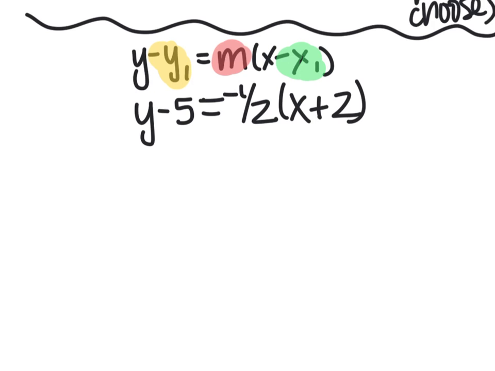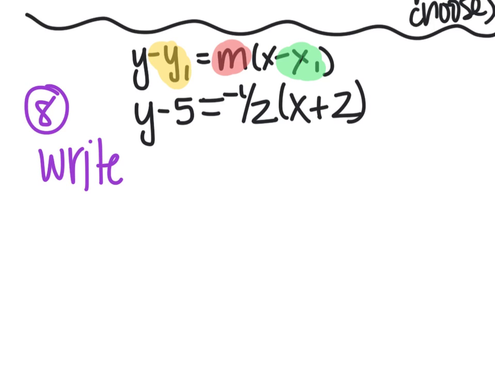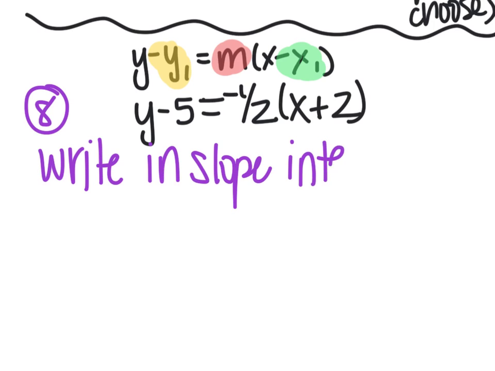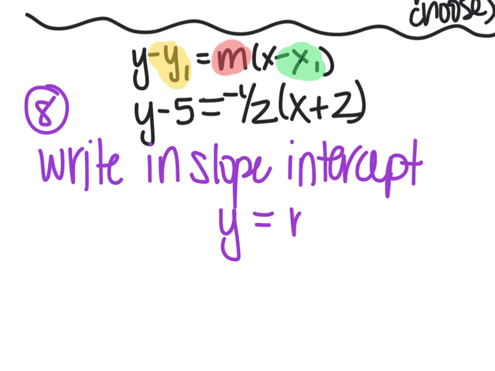So in a later question on the notes, we're actually going to be asked to write this equation in slope-intercept form. It's actually problem 8 on the back that says to write in slope-intercept form. If you need to look back at the top, you can, but remember that slope-intercept form means it's written in the form of y equals mx plus b.